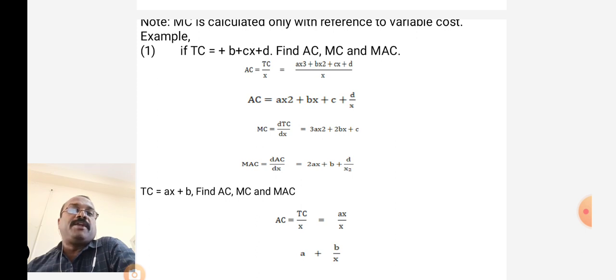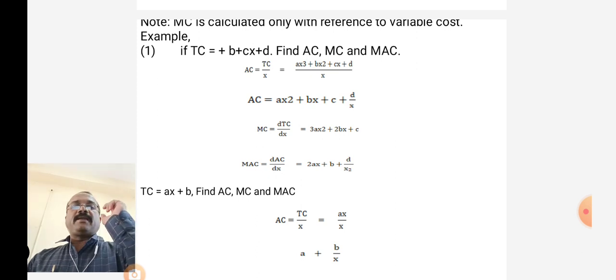Here I derived average cost in two ways. One way is AC equals TC divided by x, which is ax cube plus bx square plus cx plus d, all divided by x, whereas in the second pattern, average cost equals ax square plus bx plus c plus d/x. These are the two ways we take to derive this function.